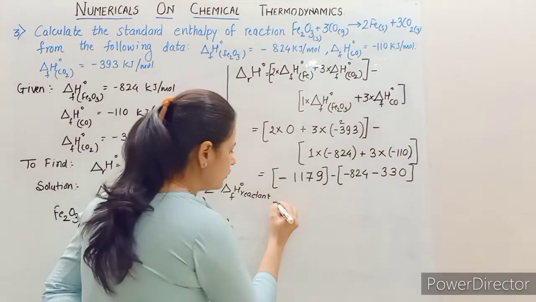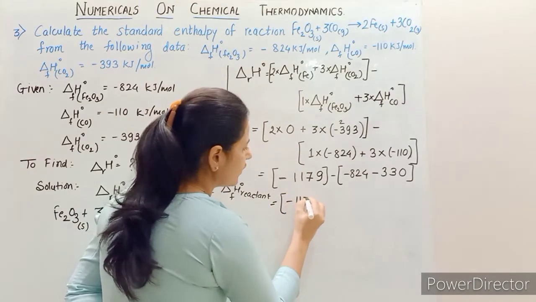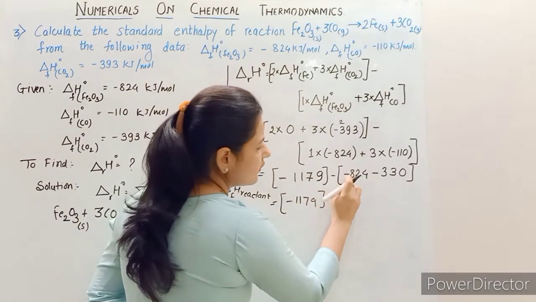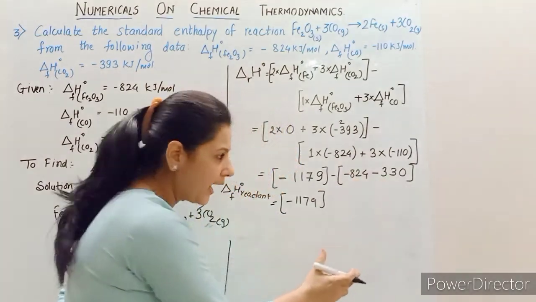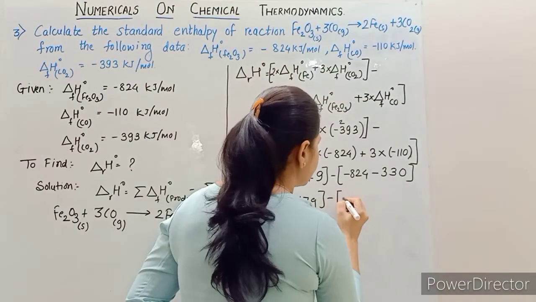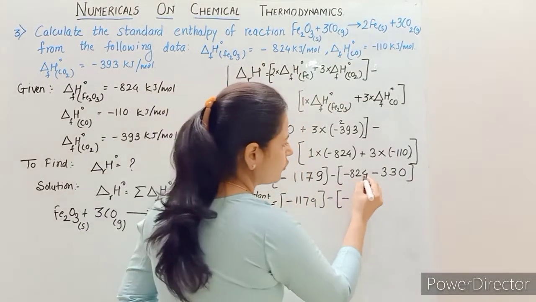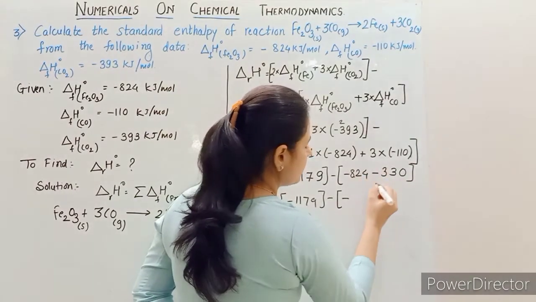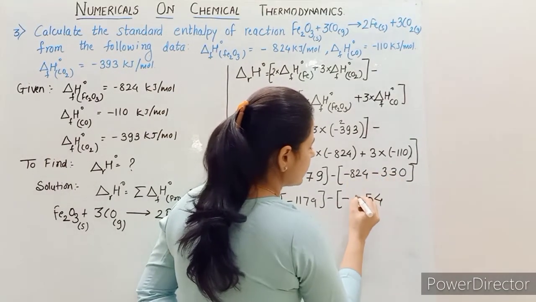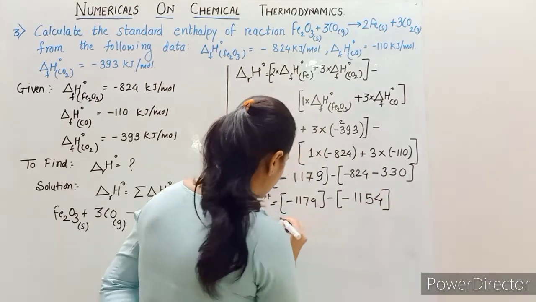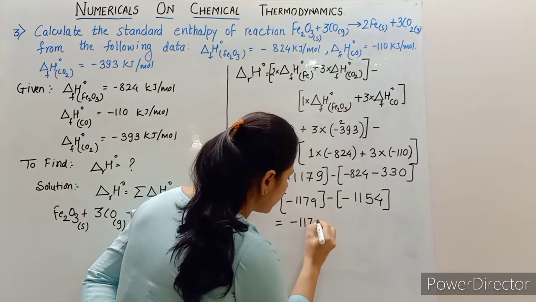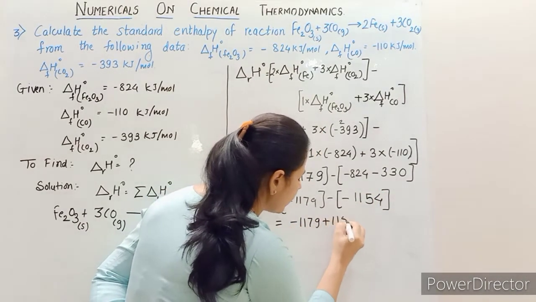So this will become minus 1179. Since both are negative, we are going to add them up, and the sign will be again minus. 4 plus 0 is 4, 2 plus 3 is 5, 8 plus 3 is 11. So this will become minus 1179 plus 1154.